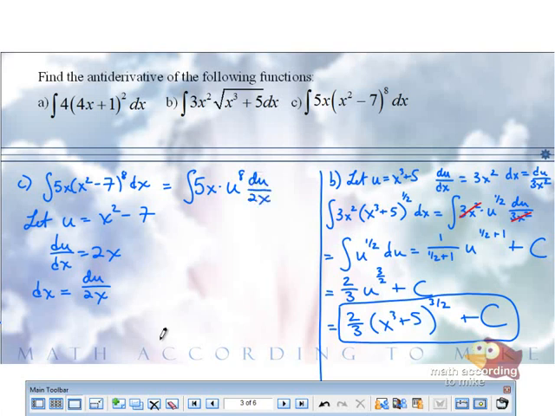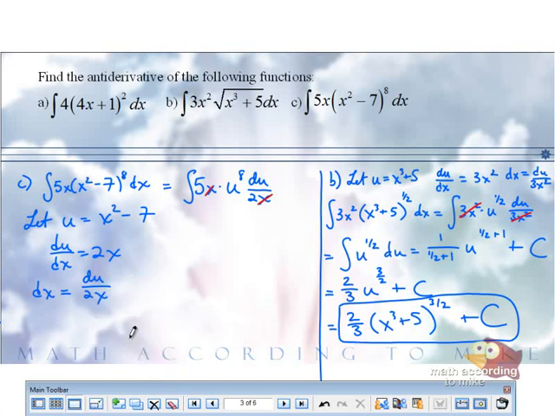So the main goal is to pick your u so that when you put it back in, there's no more x's left over. Well, notice the 5x is technically on the upstairs, and the 2x is on the downstairs, so what happens to those x's? And you get 5/2, because the x's just cancel. So that's what we wanted. That multiple I was mentioning was 5/2.